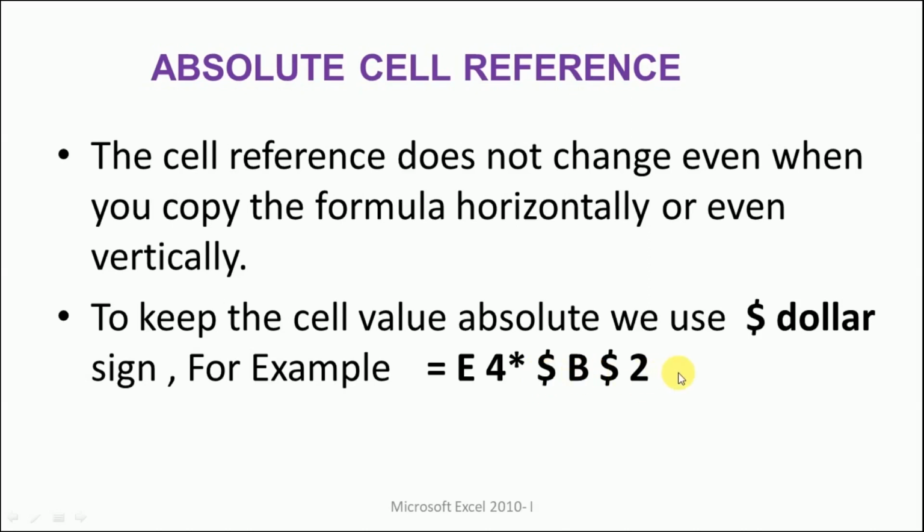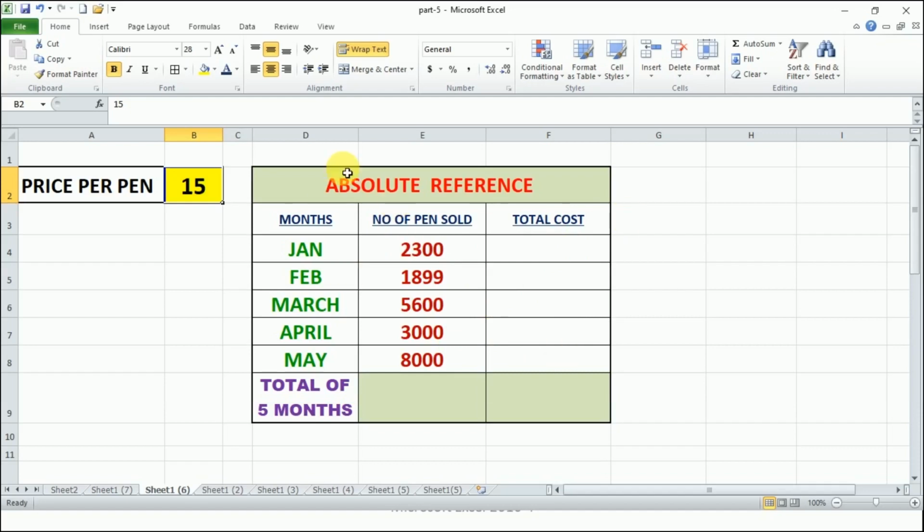For fixing the value, we put the dollar sign before the name of the column and before the name of the row. B2 is the column and row name, meaning the cell address, right? So let me show you this practically. For example, this is a bill in front of you. Jan, Feb, March, April, May, 5 months.